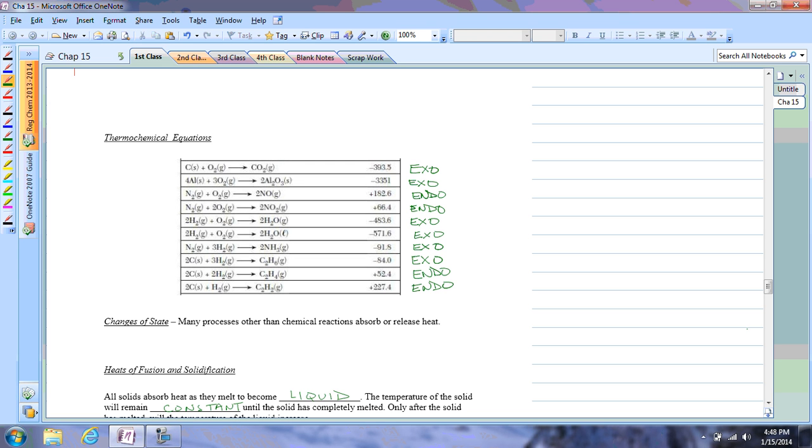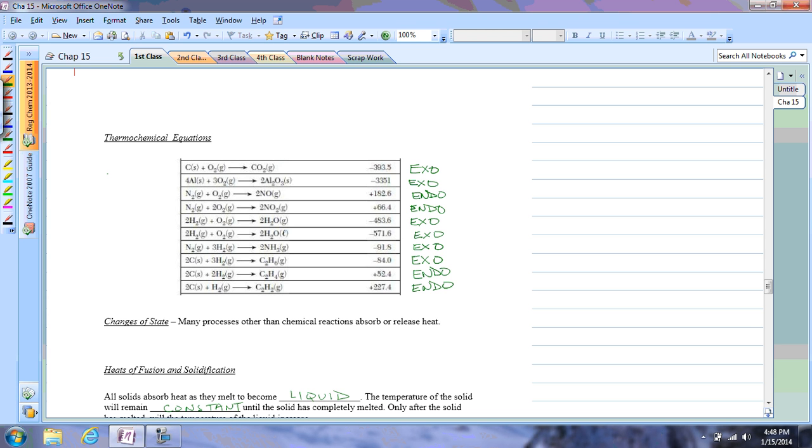We're going to finish by taking two of these reactions and writing them with the energy term included in the reaction, not written off on the side. How about the first one?